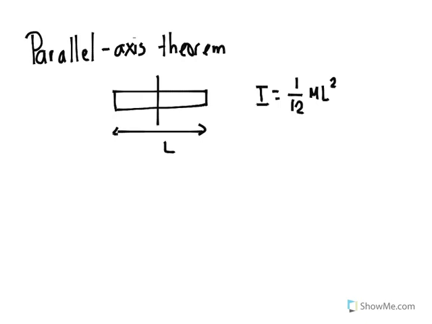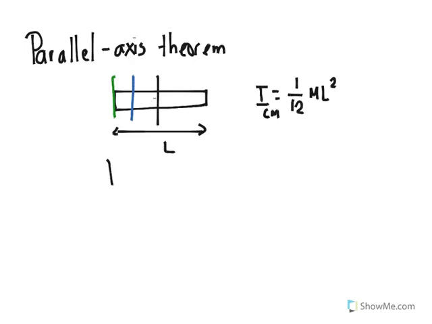And there is a theorem which states that, if the axis of rotation is parallel, because this rod is rotating about the center of mass, the center of the rod, but if instead it rotates, for instance, here, or here, then the moment of inertia will change.